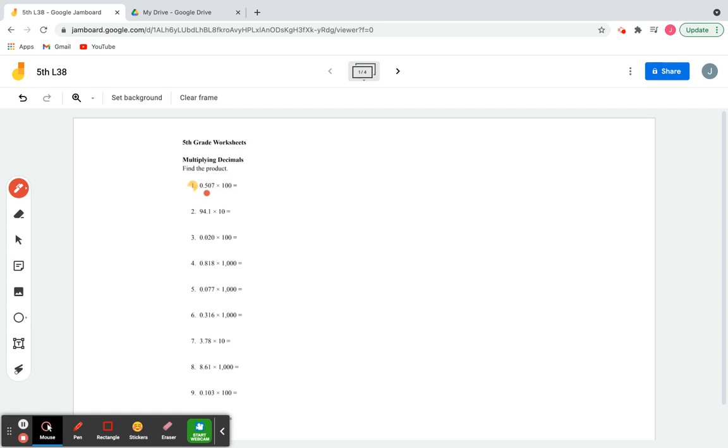So that's why we're moving by 2 units. So it's going to be next to 0. So the final answer is going to be 50.7 and then 0, 0.